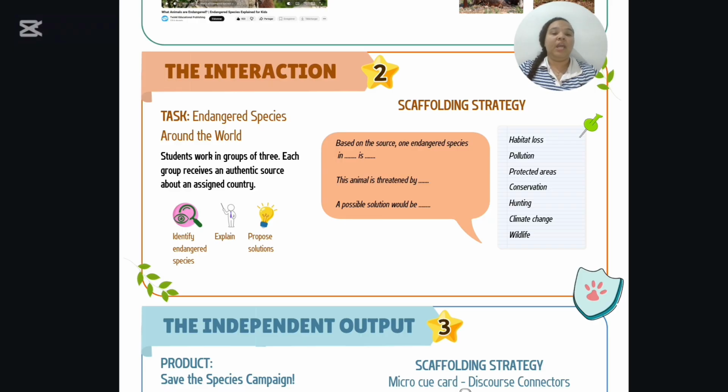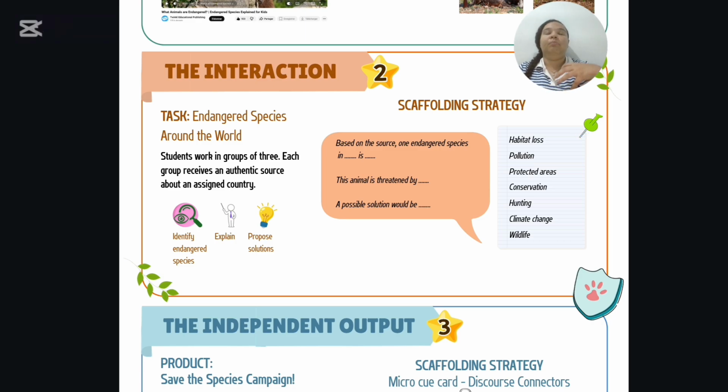To support communication, we provide linguistic scaffolding. First, they will have a chat box with sentence starters such as based on the source, what endangered species is, a possible solution would be, and etc. They will also have a word bank with important vocabulary such as habitat loss, pollution, conservation, wildlife, and climate change.